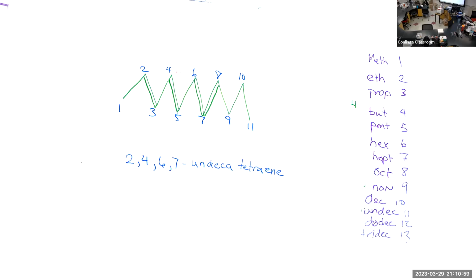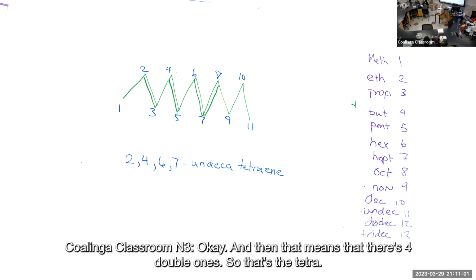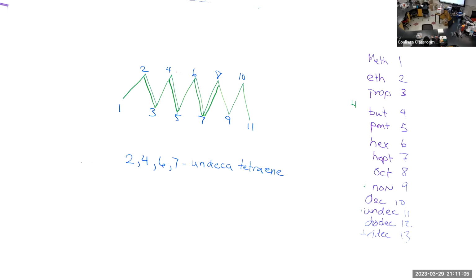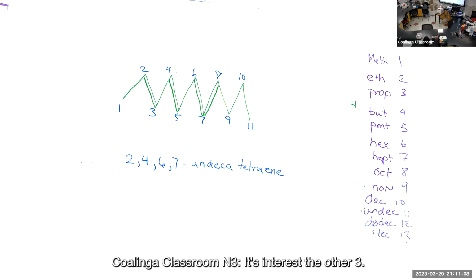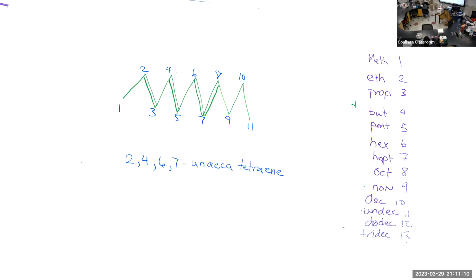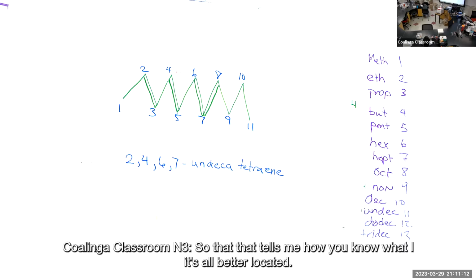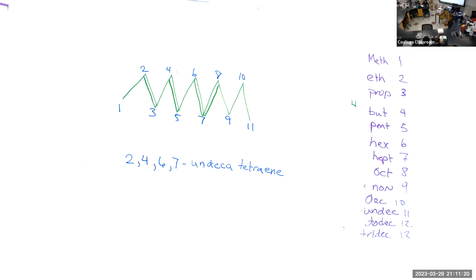That means there are 4 double bonds, so that's the tetra. How many numbers do you have? That's 4. So that tells me how many double bonds I have, and it tells me where they're located. Oh, okay, I'm tracking.